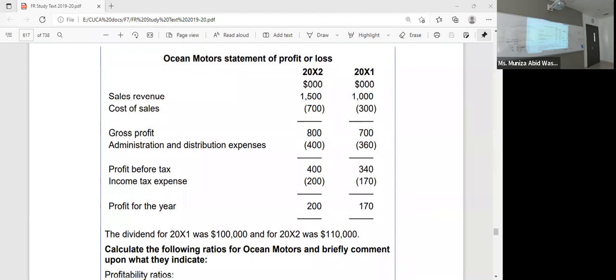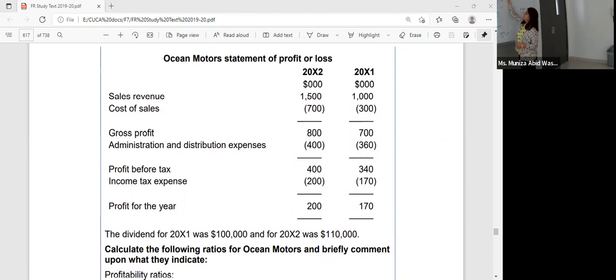Gross profit margin: what is the gross profit for 2002 and 2001? For 2002, gross profit is 800, divided by sales revenue of 1500, multiplied by 100.